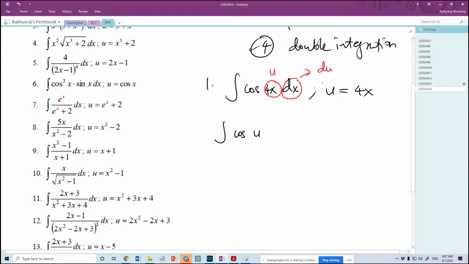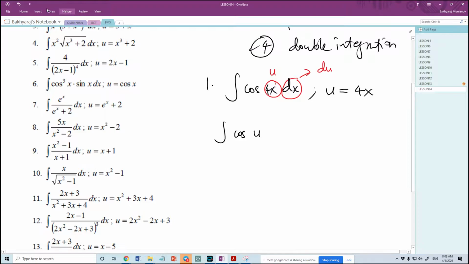If we had x, we change it to u. Now all the terms, even the dx, we need to change to du, because now our variable is u. The new variable that I'm going to solve is u. So I have to convert dx to du. How do I convert? Very easily. That's why we have u substitution.